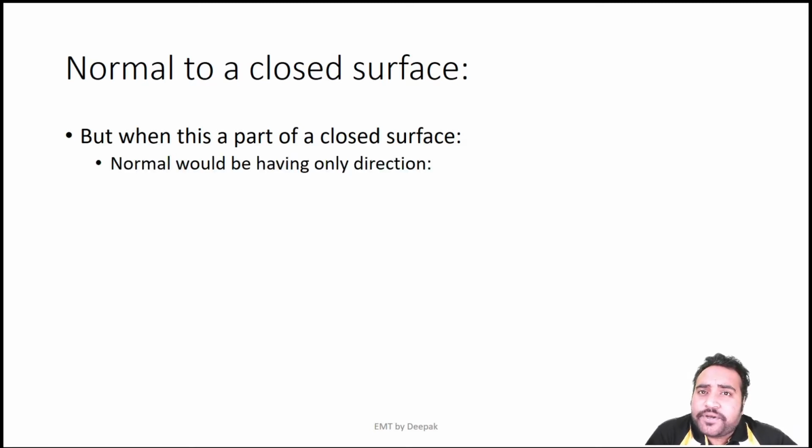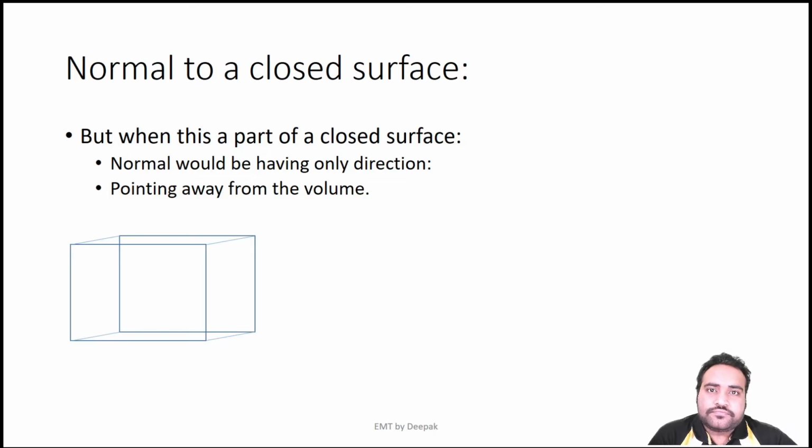I would also take this opportunity to explain the difference between an open surface and a closed surface. Consider this diagram which I have shown you. This is the diagram of a cuboid. Now, if somebody asks you what is the volume of the cuboid, it would be very easy and straightforward, L times B times H. But if I ask you what is volume, then volume is the space enclosed by this closed surface.